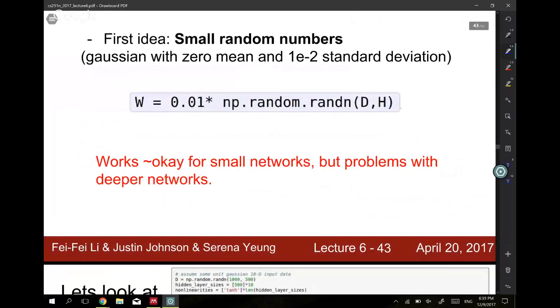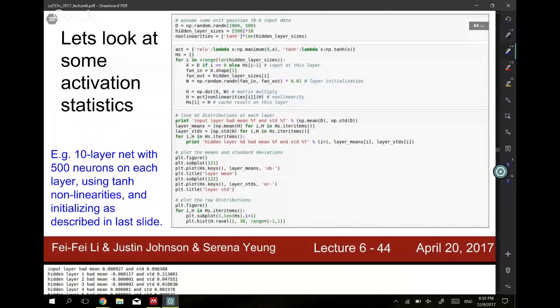So let's look at an example. Here's a 10-layer network with 500 neurons on each layer, and they are using tanh as the activation function.